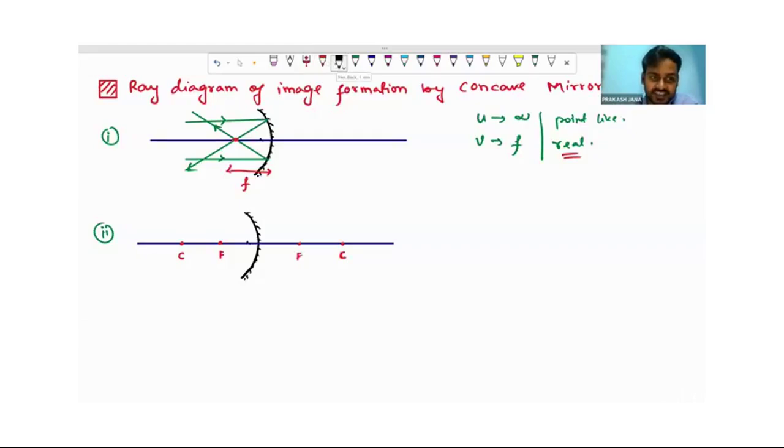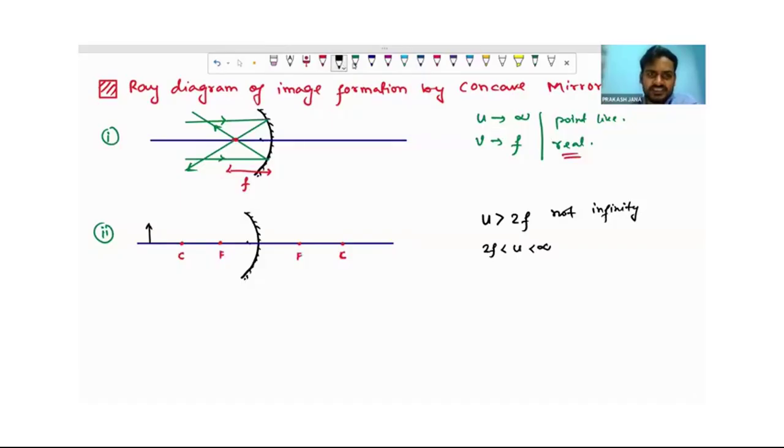Now I place the object not at infinity but at a distance greater than 2F. So here U is greater than 2F, not infinity. We can also write U is greater than 2F but less than infinity.